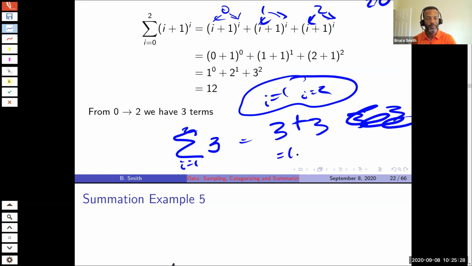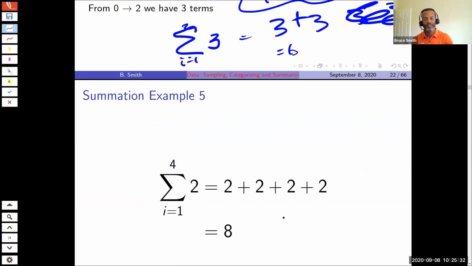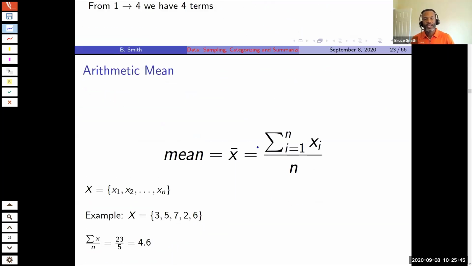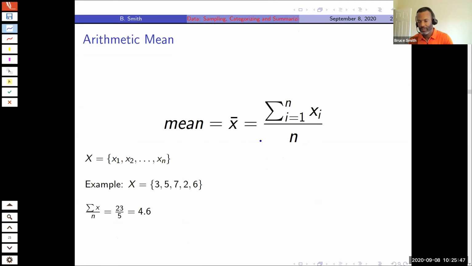So it just tells you how many of those threes to add up. And there's another example of this where we have a constant and there's no value of i, for example, that's in here as a variable. So that's summation notation.